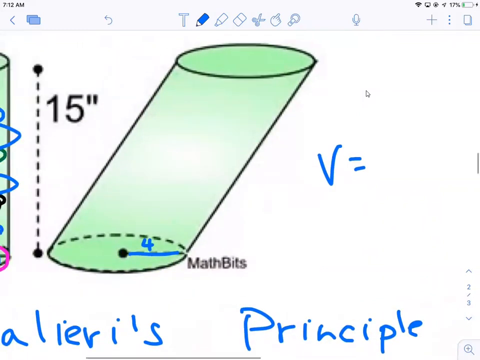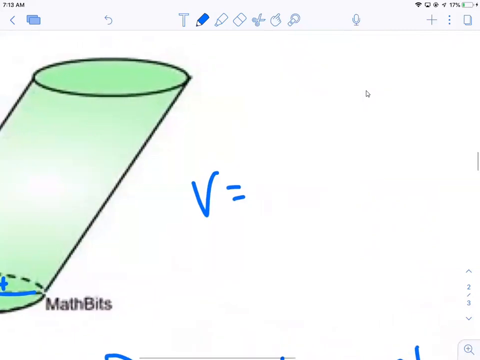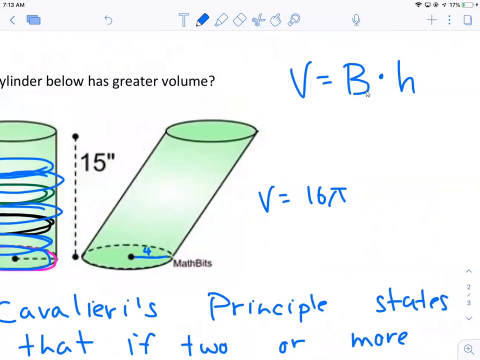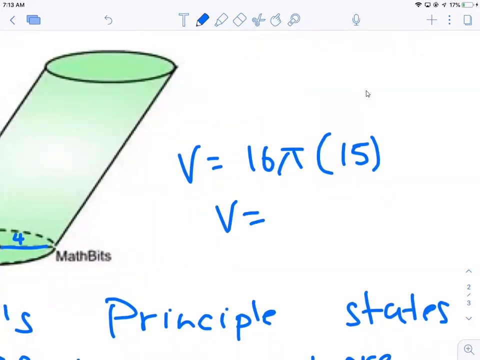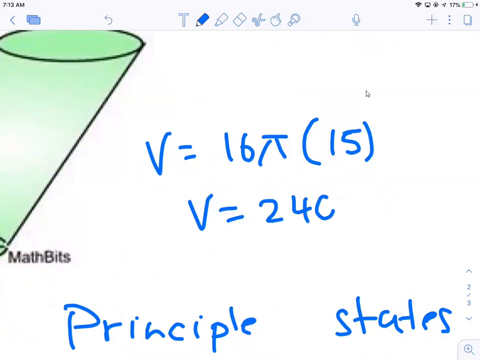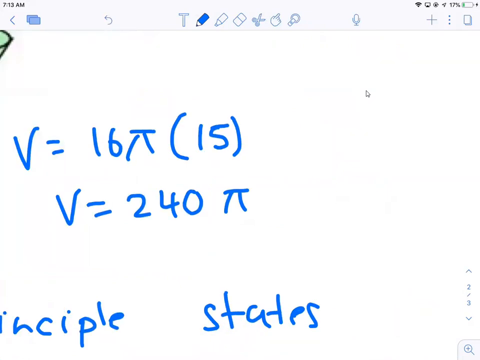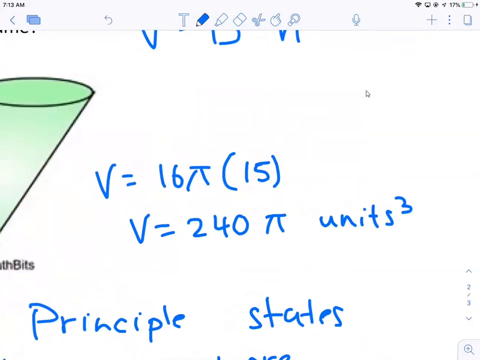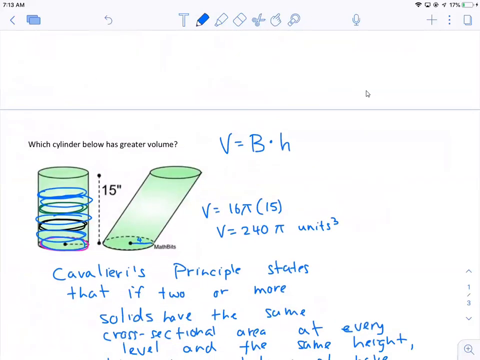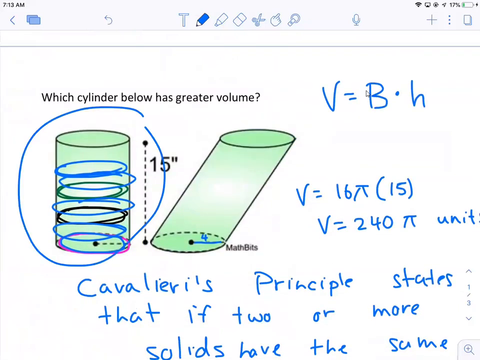The base here is a circle, so that's pi r squared. 4 squared is 16, so I'm just going to write 16 pi times the height. And well, the height is 15, so the volume is just 16 times 15, what is that? 225 plus another 15, 240. It's just 240 pi. And don't forget we're talking about volume, so units cubed. I'm just double checking the math. Yep, all right, looks good. So it would be the same exact way that you find the volume of that.